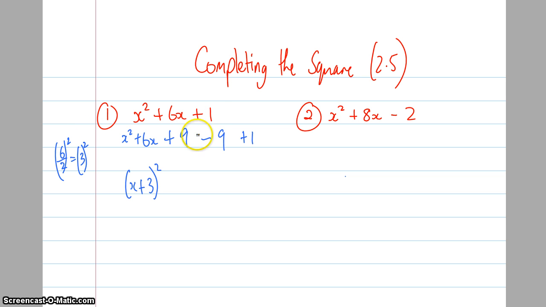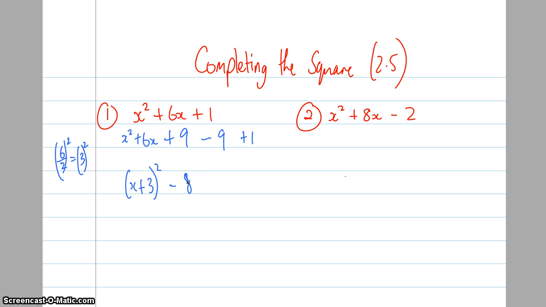So what I've done is artificially add in 9 so that I can get it down to this perfect square, x plus 3. If I add in plus 9, I also have to subtract 9. But this means that I can actually factorise this thing. So minus 9 plus 1 ends up being minus 8.